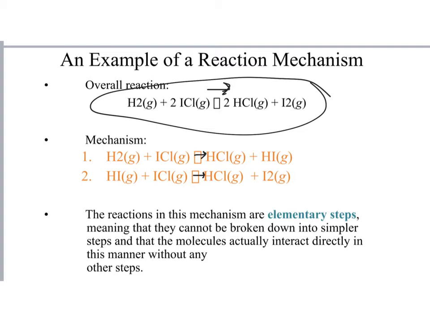That would be one step. And then another step, you would have HI reacting with ICl to form another HCl and the I2. So this mechanism says that these are elementary steps. When you're starting to analyze these mechanisms, what you need to do is look at them in these broken down steps. These are what we would call elementary steps, and they can't be broken down into anything simpler.